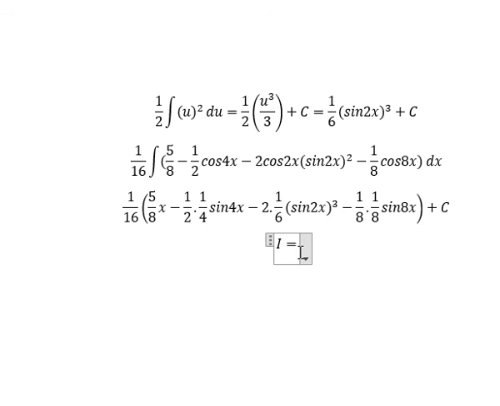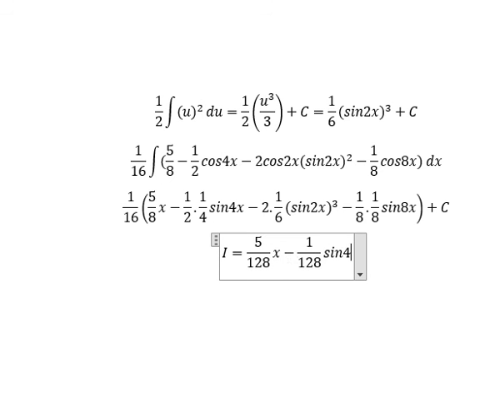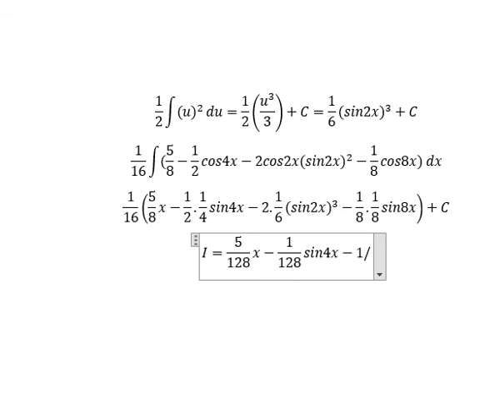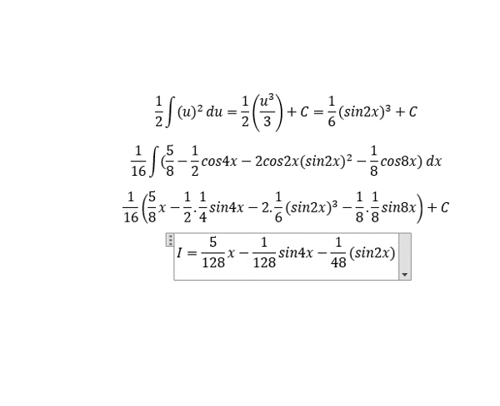That's about 5 over 128 s minus 1 over 128 sine 4s minus 1 over 48 sine 2s to the power of 3.